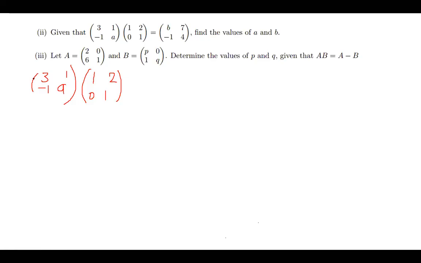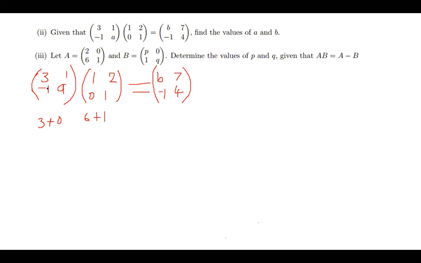So this is what you're going to have here. And then this is going to be B, and then 7, 4, -1. Here what you do is, you multiply this 3 times 1 there, you get your 3, and then plus 1 times 0, you get your 0. So you're going to have 3 plus 0 there. Then this 3 times 2, you get 6. And then 1 times 1, you get positive 1.